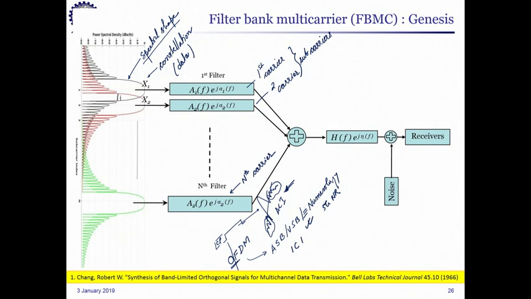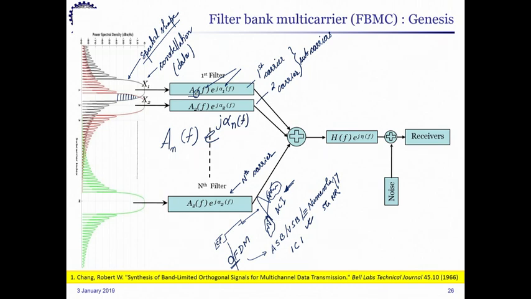There is overlap, as you can see, between the subcarriers, and each carrier's filter is designated as A with a sub index, and there is F indicating the frequency domain, and there is a phase component associated with it, okay, e to the power of j alpha sub 1 of F. So, in general it is A n, the nth one, of F, e to the power of j alpha n of F, right.